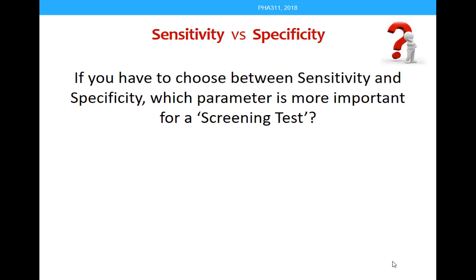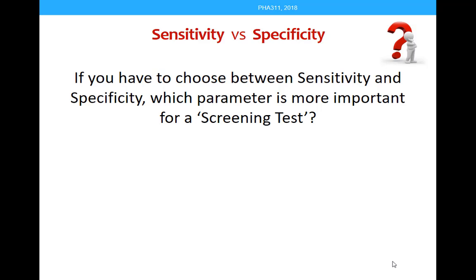Or you can miss some patients in screening. They were HIV positive, but the test didn't pick it up. Which one would you rather choose? You will go with some false positives, right? It's a screening test. If there are a few false positives, no problem. You call them to a proper lab, you do a confirmatory test, and you tell them good news, sorry, it was a false alarm, you're okay, go back. There's no risk to the population.